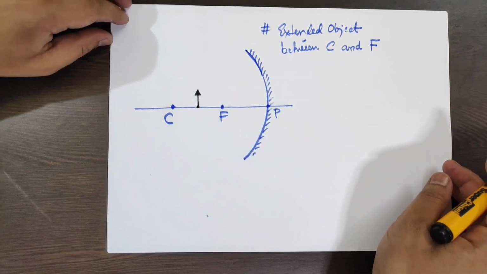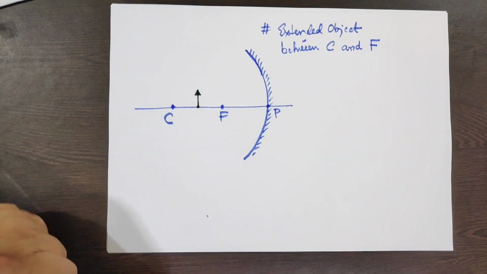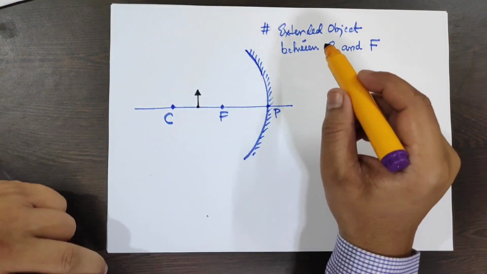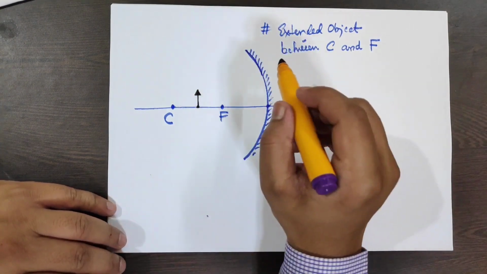Okay. So again, we have to concentrate on two rays. One is through the center, and one is parallel to the axis.